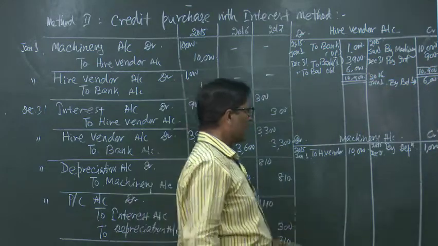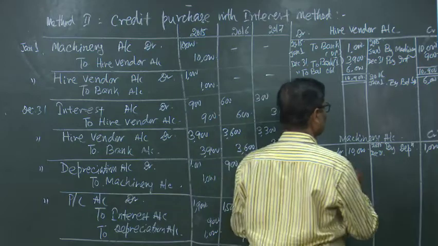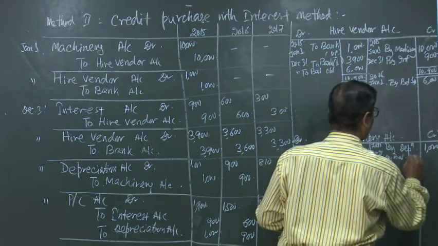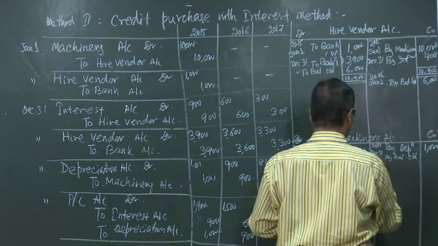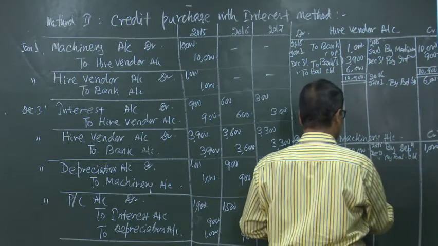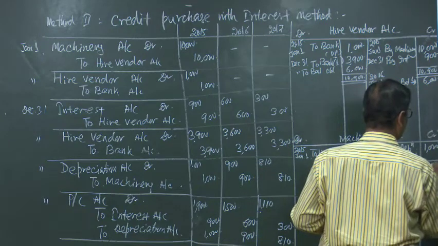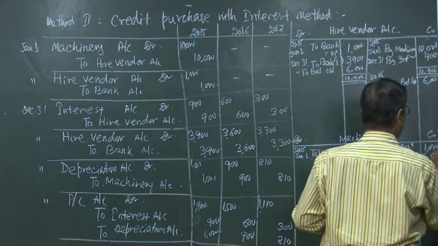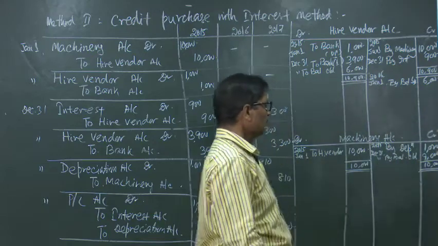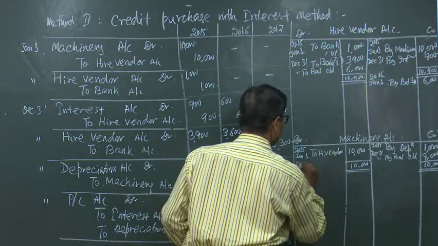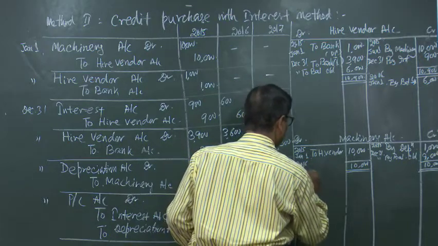Similarly, machinery account, this side is bigger. So, let us write on the same date by balance carried down 10,000, here it is 10,000, so 9,000. To balance brought down 2016 January 1st.